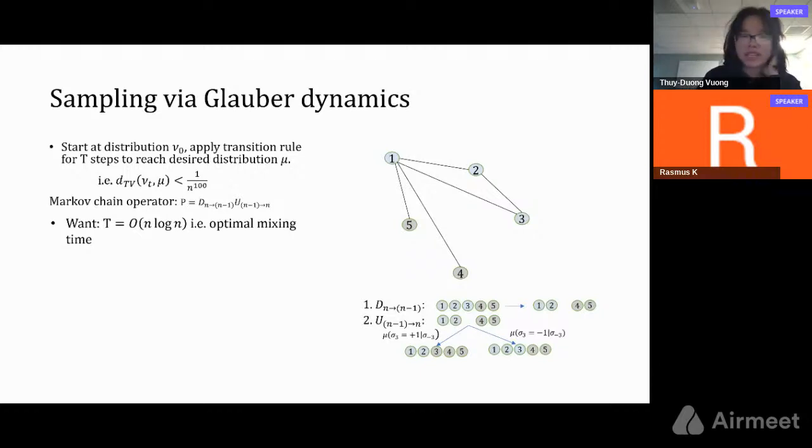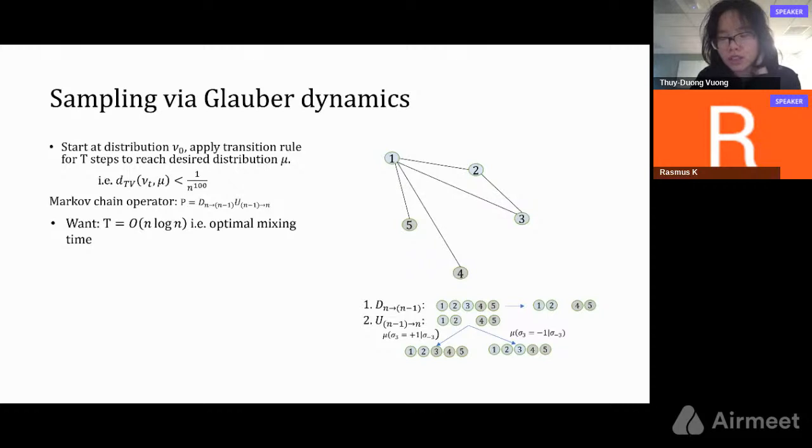So one very natural choice of Markov chain is called the Glauber dynamics. It operates as follows. At each step, it starts from a configuration, chooses an atom, and updates the spin of that atom according to the marginal distribution of mu conditioned on the remaining atoms. For example, say we are at this configuration where 1, 2, 3 have plus spin and 4, 5 have minus spin. We choose atom 3 to update.